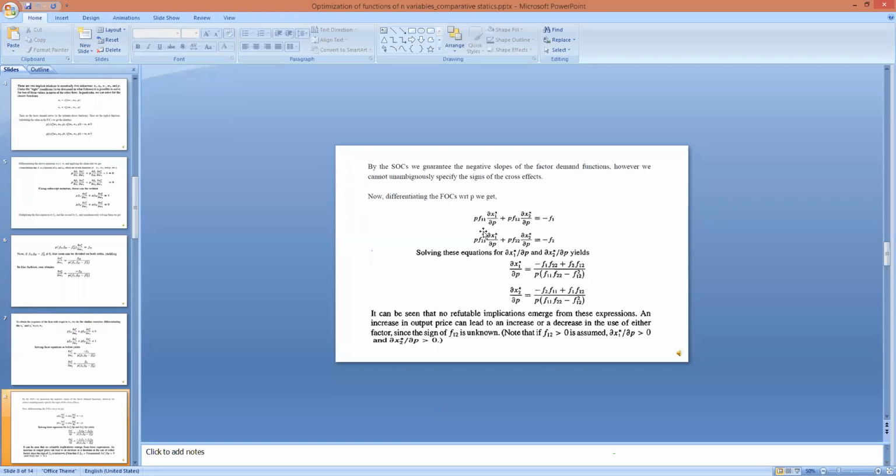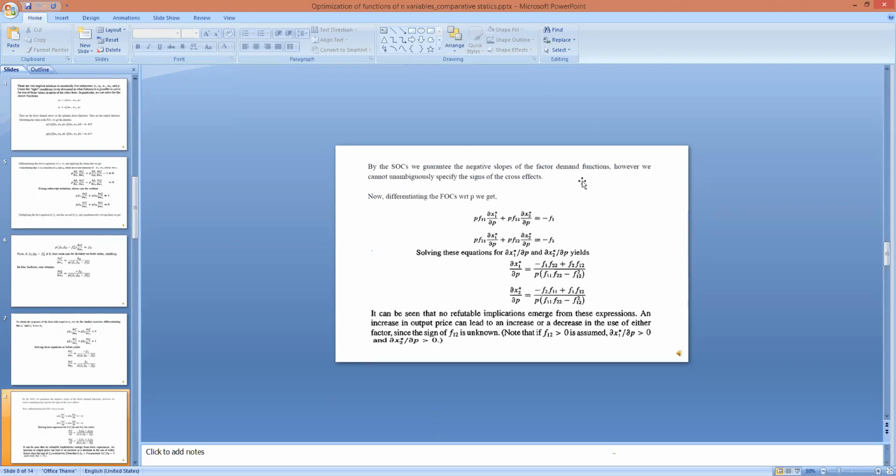Though in reality, there is a chance that output price will depend on input prices, here we are not considering that kind of context. We are not considering P as a function of W1, W2. So P is externally given to the factor market.